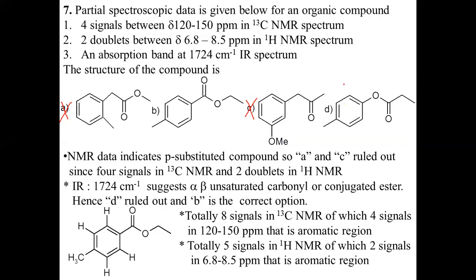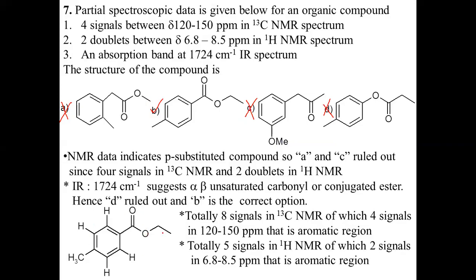Now when you look at the IR value, it is 1724. That suggests it has to be an alpha beta unsaturated carbonyl. Between B and D, here you have alpha beta unsaturated, and here you don't have it. So you can just rule out option D and your answer is option B. Just check it.